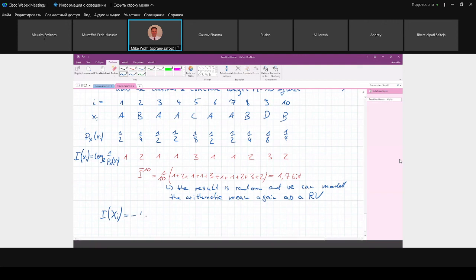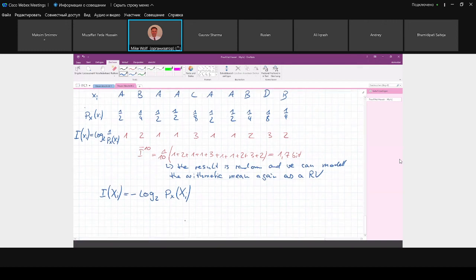This is minus log 2 P_X of X_i. I just use these capital letters to show that the result is random. Now, this is a sequence of random variables.